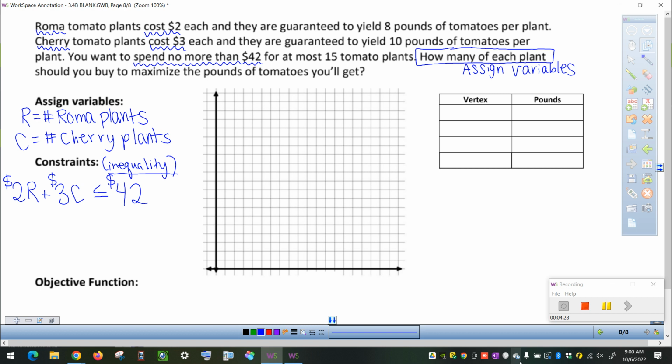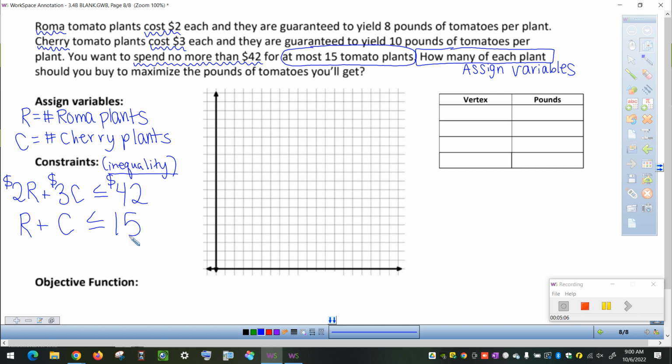Okay, so we're going to use a different symbol for this information. At most 15 tomato plants all together. Now, we don't really have anything else to circle that's going to lead up to this, but we just have to think about the number of Roma plants plus the number of cherry plants, so R plus C, the total number of plants, is at most 15, so we have another less than or equal to.